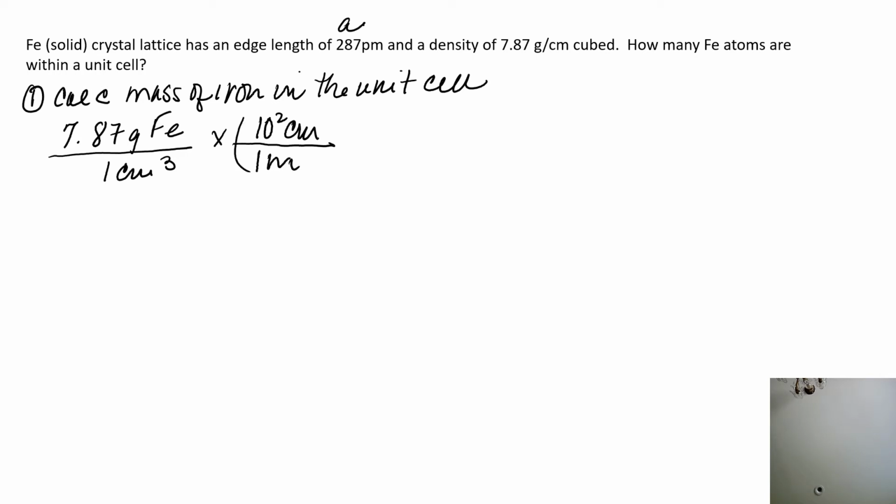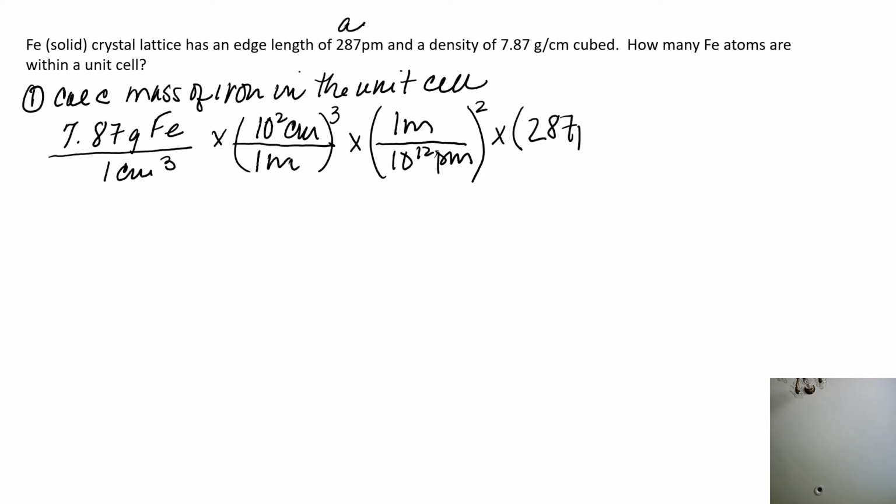And I want to cube this. And then in 1 meter, I have 10 to the 12th picometers. I need to also cube this. And then I have an edge length of 287 picometers, which I will also cube.